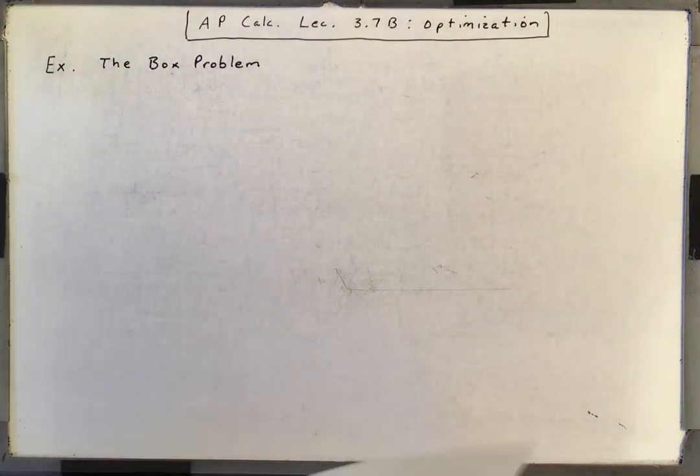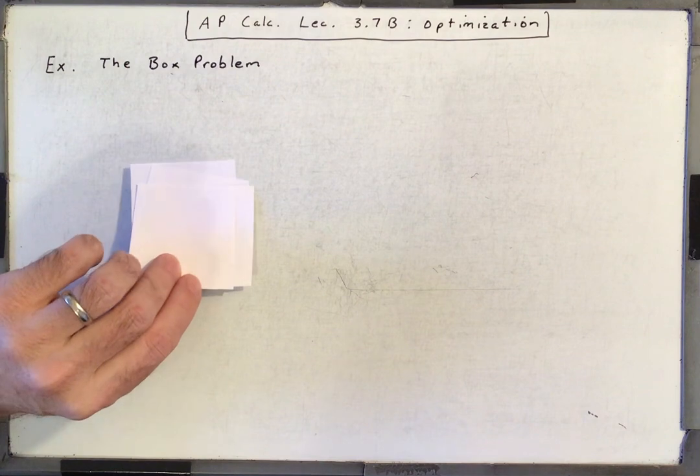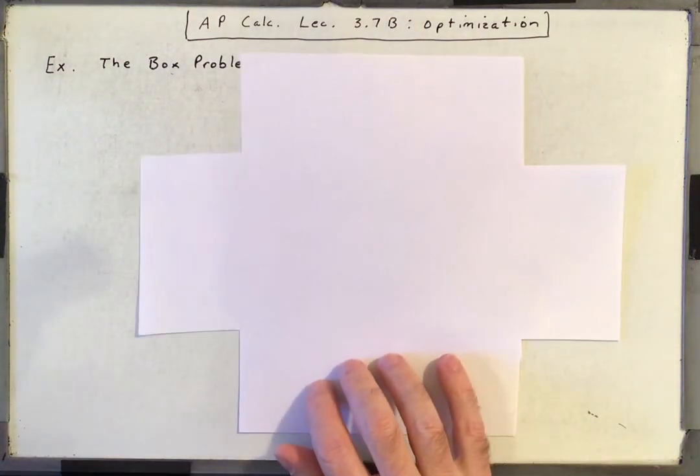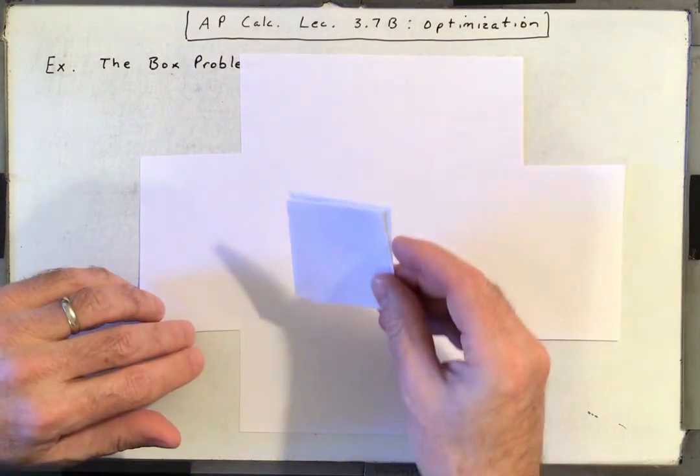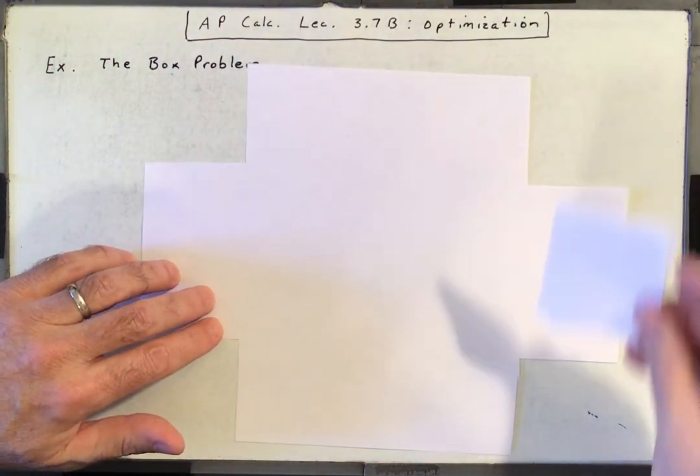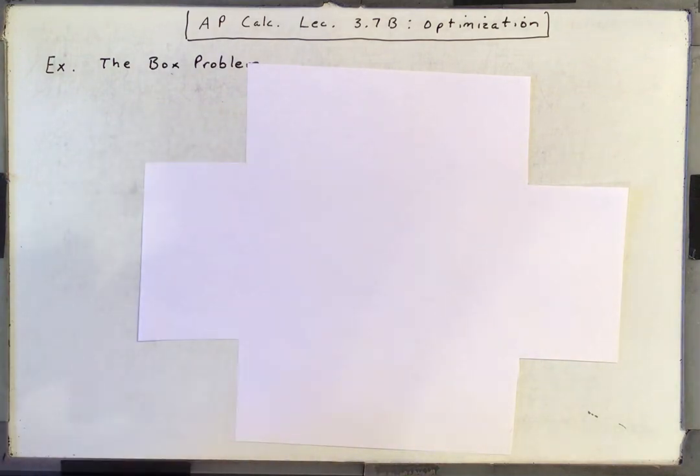So I've already cut these squares out of a piece of paper here. I didn't do a very good job, not very uniform and not very crafty, but they're supposed to be the exact same size, all right? Cut these squares out.